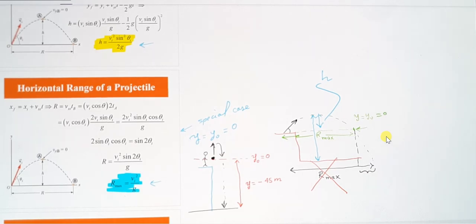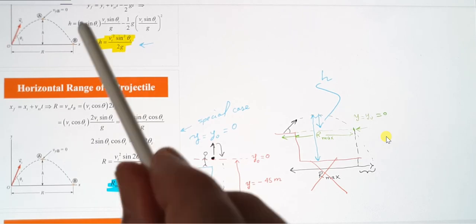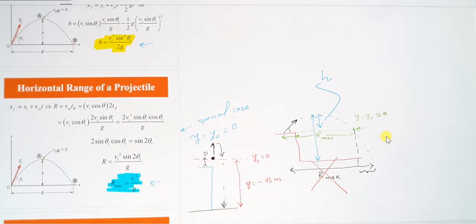So be careful when you use these two equations. Assume y naught is equal to 0. Well, that's what I'm telling you. And this is a special case. It's not to solve any problem in projectile.